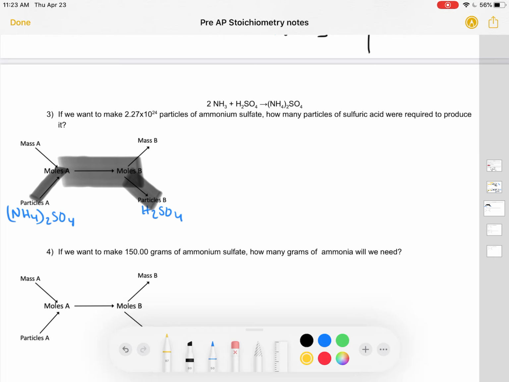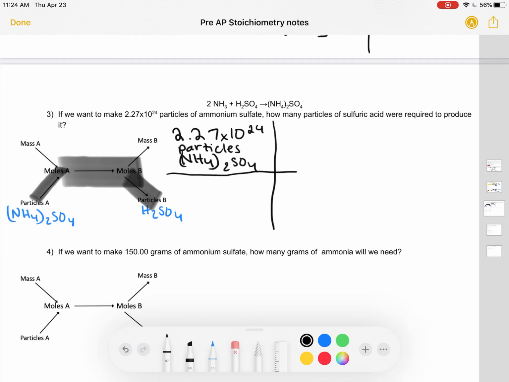Okay, let's go crazy. All right, so we were given that we have 2.27 times 10 to the 24 particles of ammonium sulfate, NH4 2SO4. Okay, so now we want to get rid of particles and get moles.